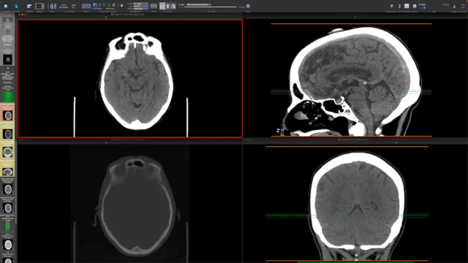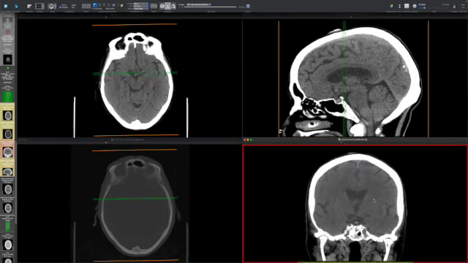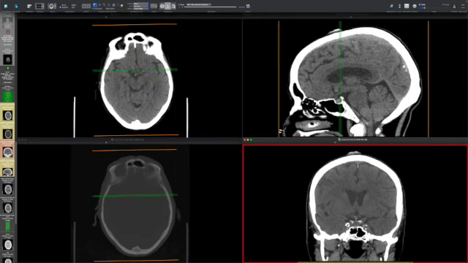We're going to look at the basal cisterns to make sure they're patent, right? The basal cisterns are part of the subarachnoid space. You get this large area here that's full of cerebrospinal fluid that can be seen here on the sagittal sequence and here on the coronal sequence.